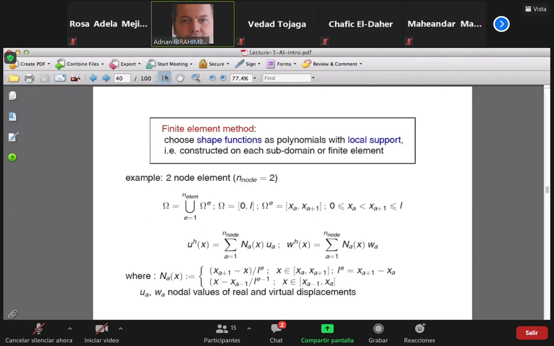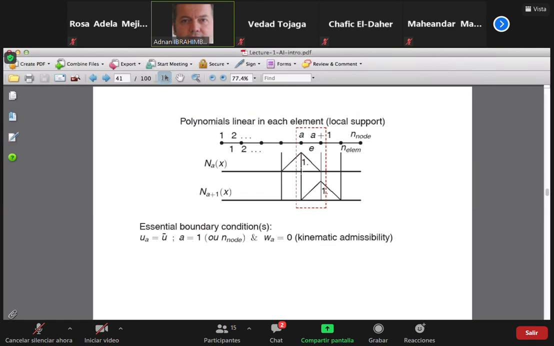And basically, then you can say that u_h is this function N_A(x) times u_A. If you choose this type of construction, the value of this function N_A(x) at every node A is precisely equal to 1. So at node A plus 1, this function is again equal to 1. And at all the other nodes, the value of this function is equal to 0. So these are little hat-like structures that are constructed all over the place.